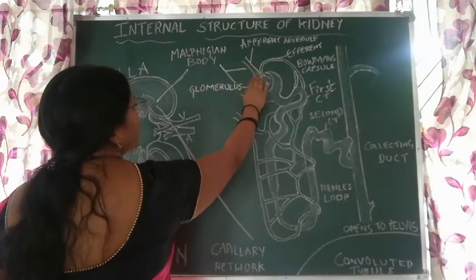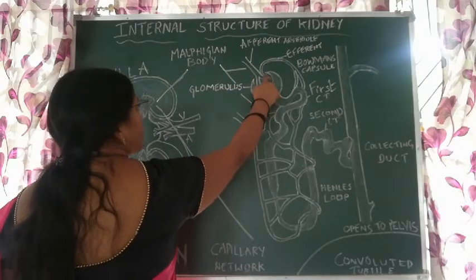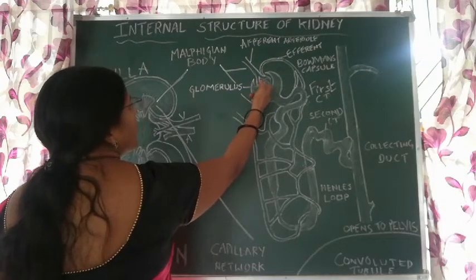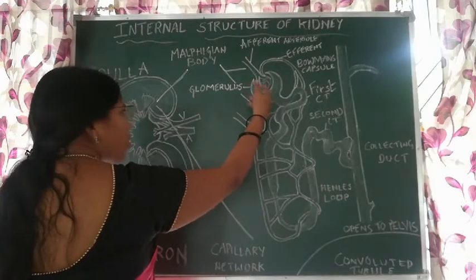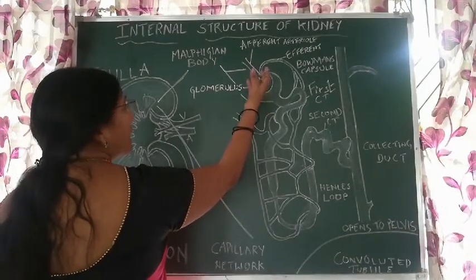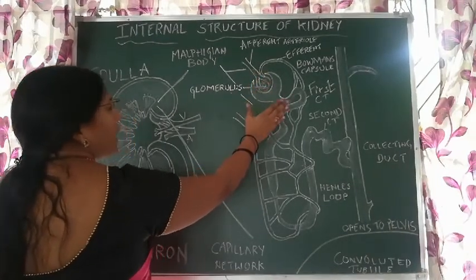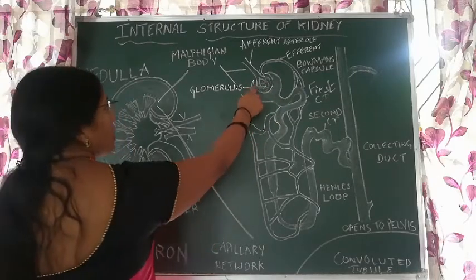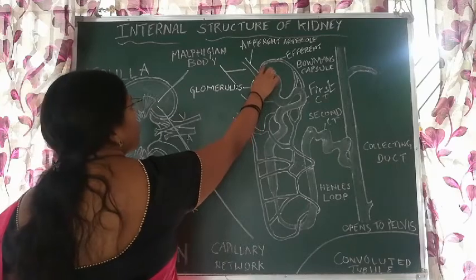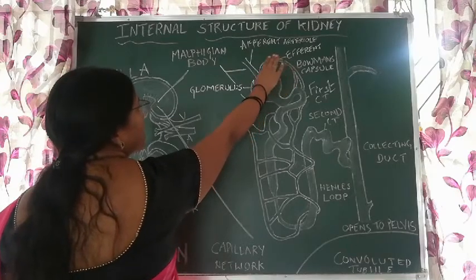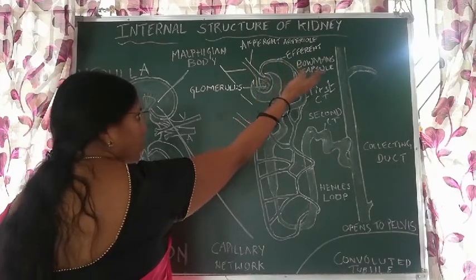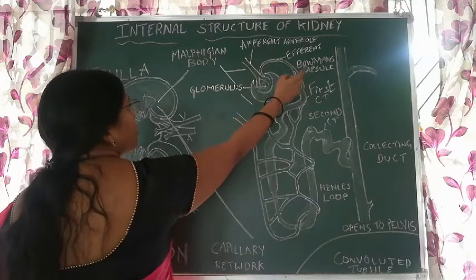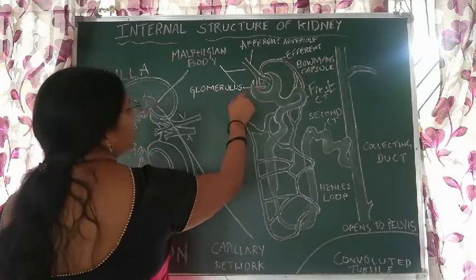The afferent arteriole enters the Bowman's capsule and it gets divided and divided, it forms a lot of coils, a network like structure, a very fine capillary network, and again it comes out as the efferent arteriole. E means giving out, something which is coming outside.